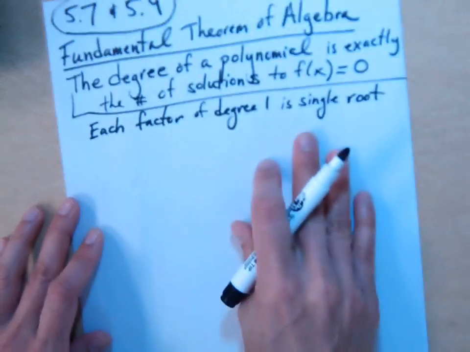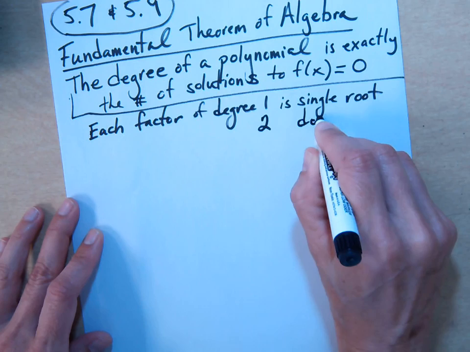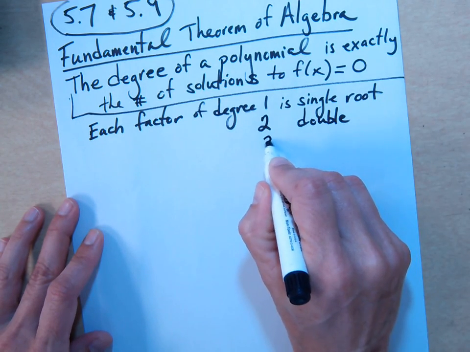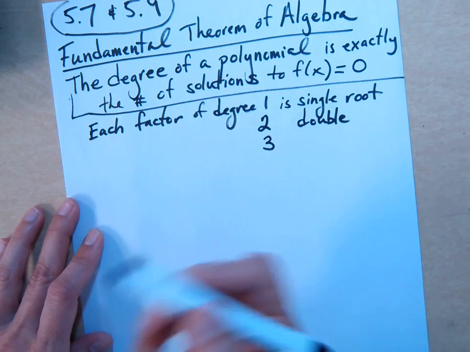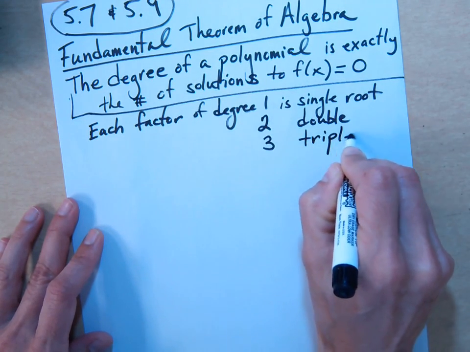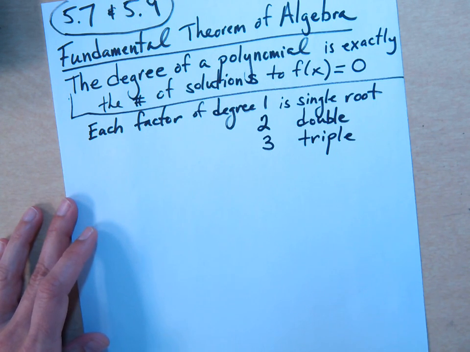Degree 2 is called a double root. They look different graphically, and I'll show you in a second. And if you have something repeated 3 times or raised to the 3rd power, that's called a triple root, and that looks different as well. So we're just going to focus on those different types of roots for graphing it.